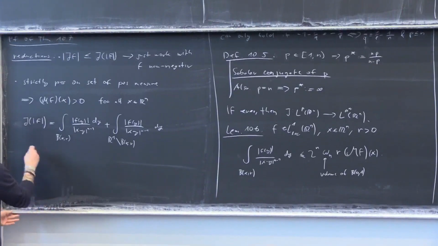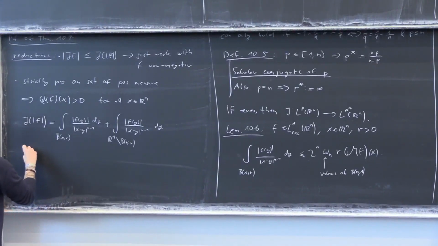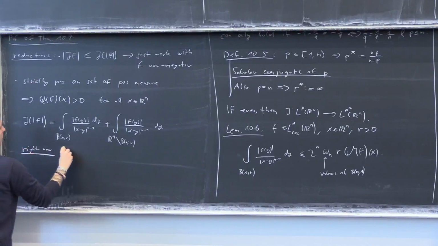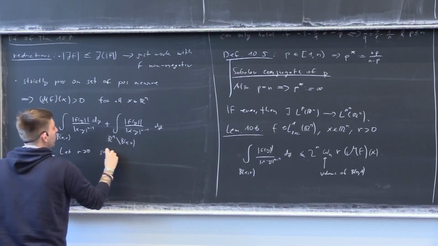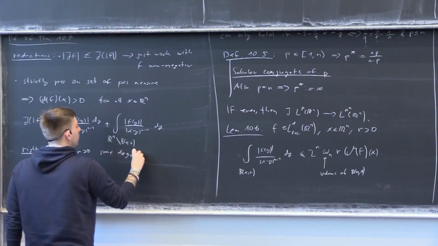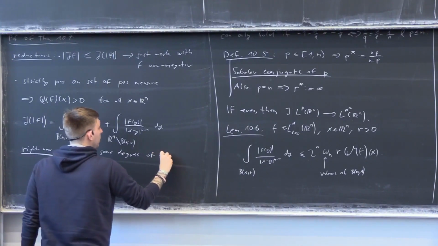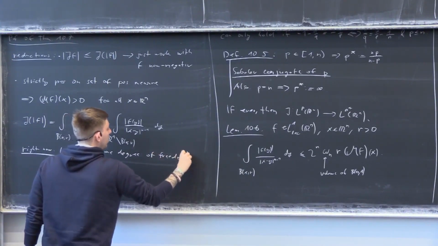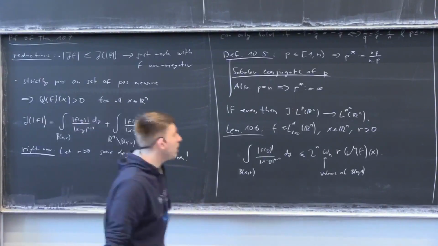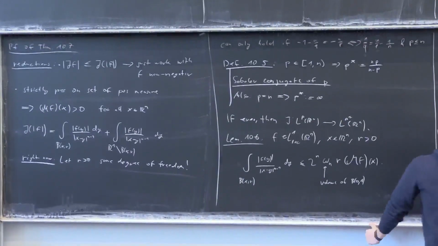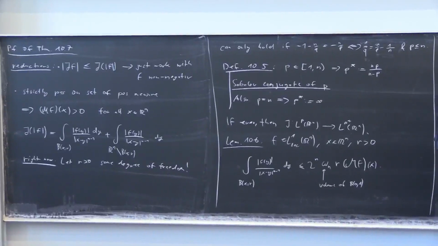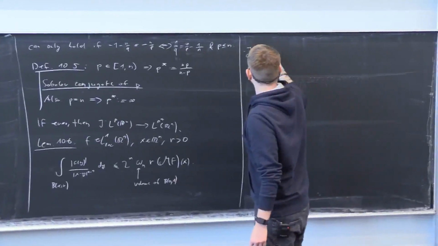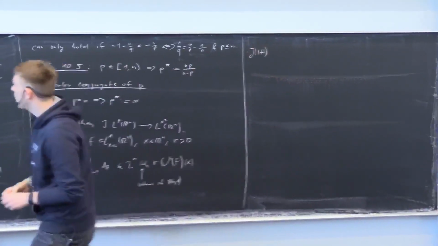So right now, let r be positive, some degree of freedom. Okay, what do I get then? So I use the splitting. J f, maybe I should write here also x.